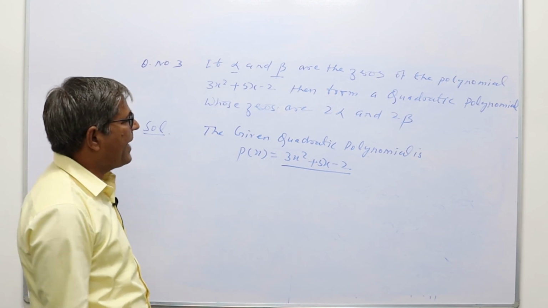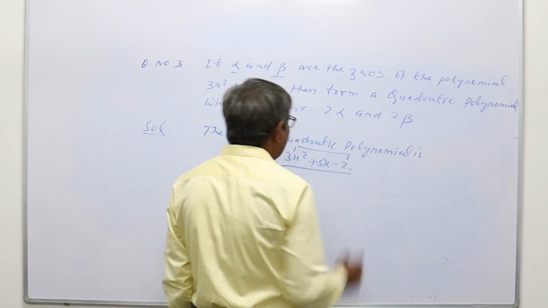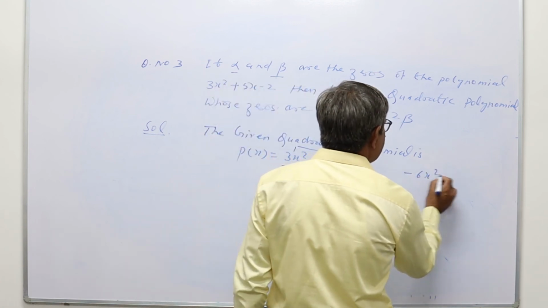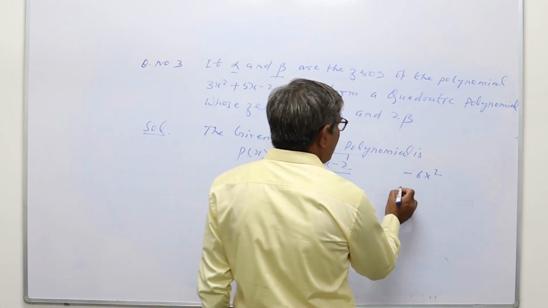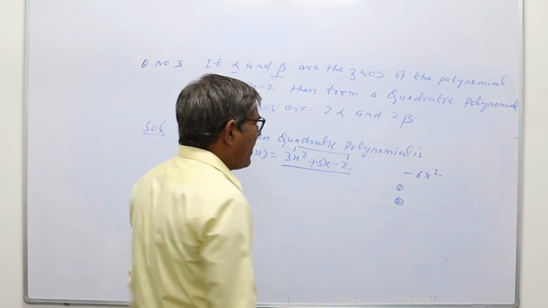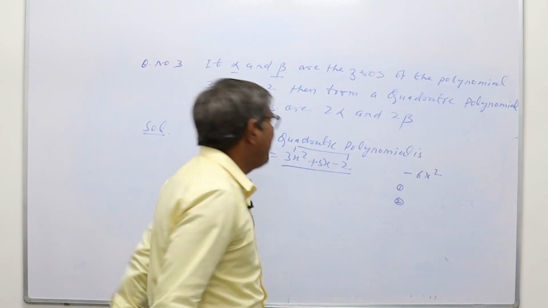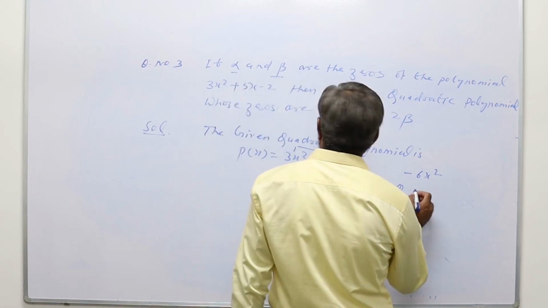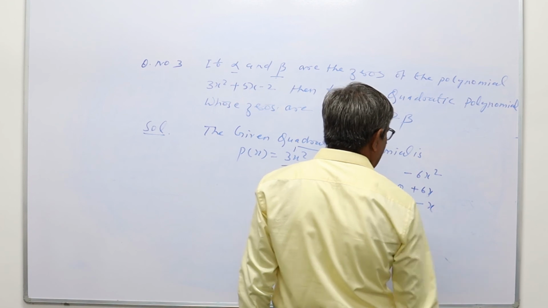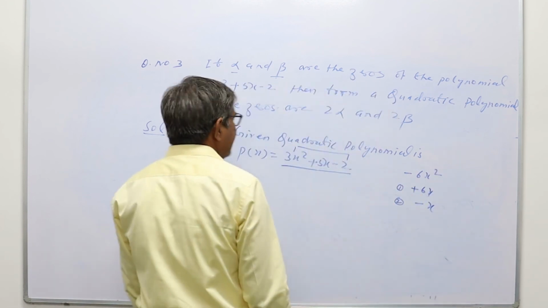So to resolve into prime factors, we first multiply the outermost terms, that is 3x square into minus 2. So it is minus 6x square. Now resolve it into two terms such that their product should be minus 6x square and their sum should be plus 5x. So we can do it as plus 6x minus x. If we add, it will be 5x, and their product is minus 6x square.